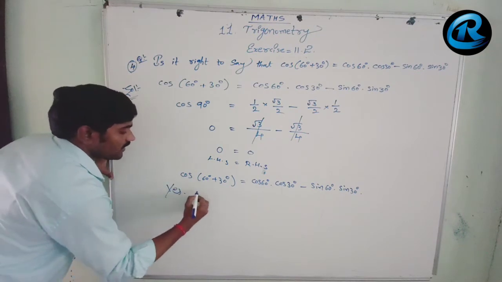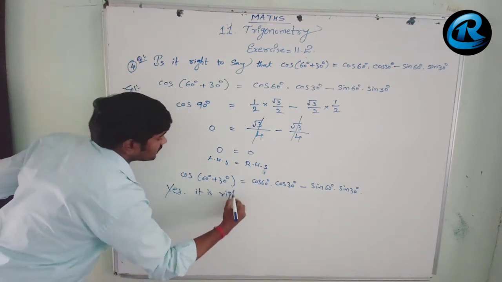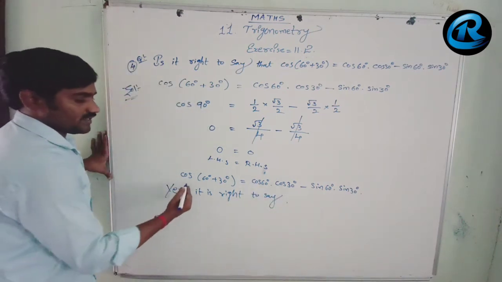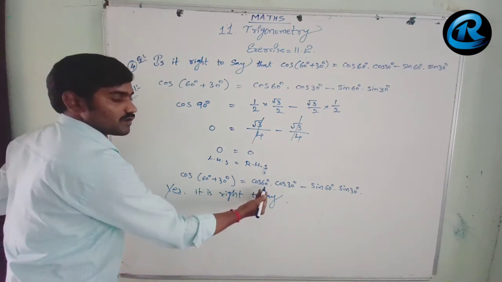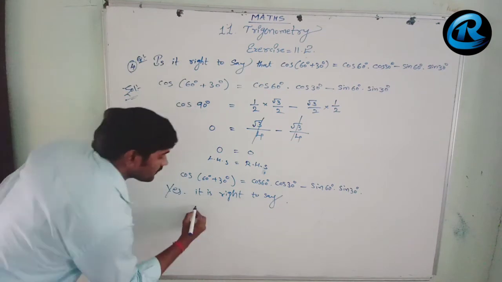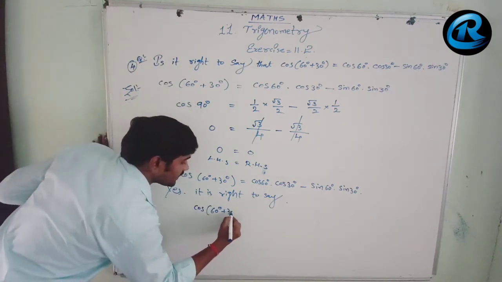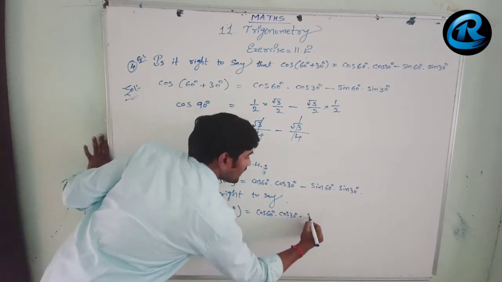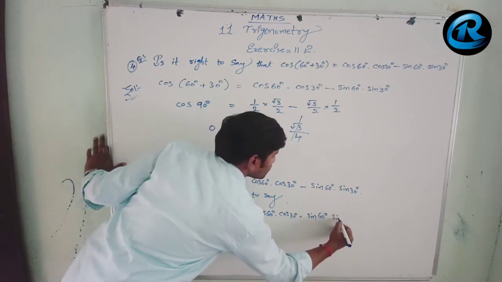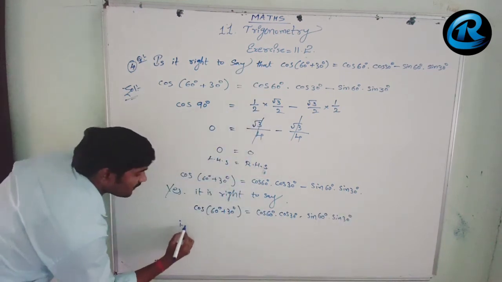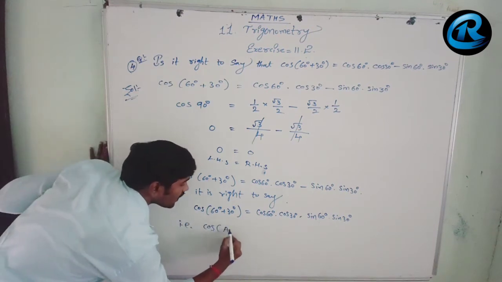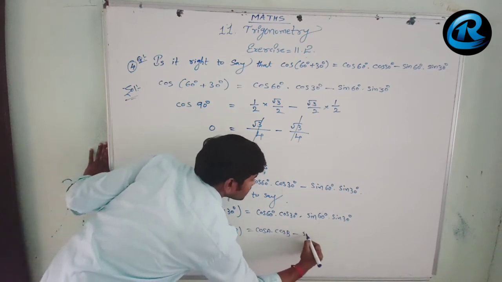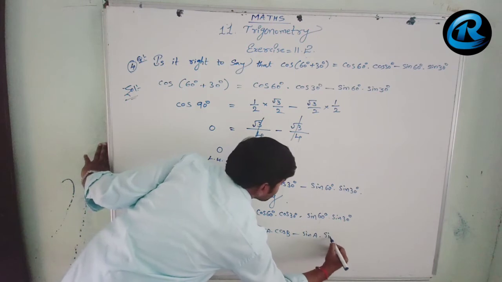Yes, it is right to say that cos 60 degrees plus 30 degrees is equal to cos 60 degrees into cos 30 degrees minus sin 60 degrees into sin 30 degrees. So that is the formula, and you need to write the formula also here: cos A plus B is equal to cos A into cos B minus sin A into sin B.